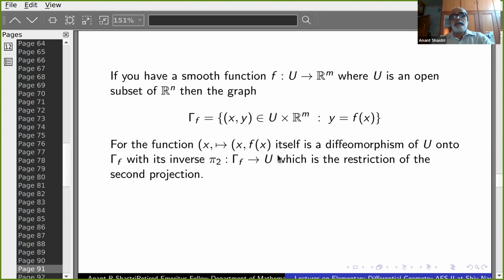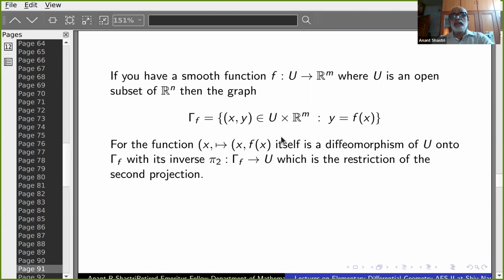The graph itself is a manifold. The function x going to (x, f(x)) itself is a diffeomorphism of U onto the whole of Γ_f. So you can restrict U to smaller open subsets if you want later on.